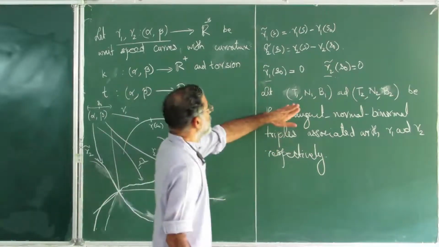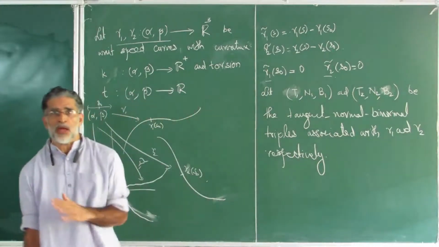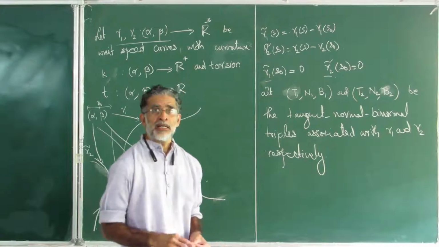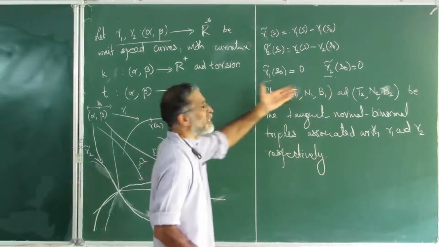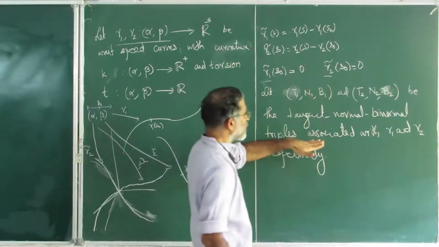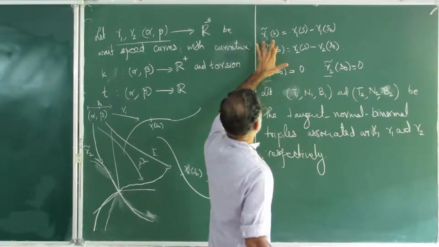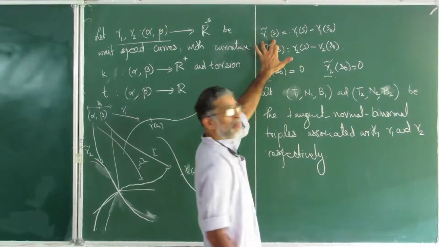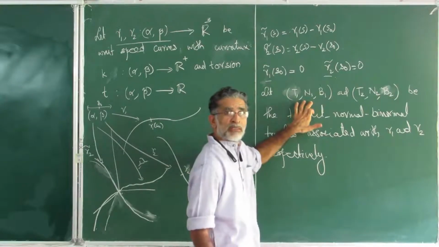Remember, gamma 1 tilde and gamma 2 tilde are obtained by translations of gamma 1 and gamma 2. But translations do not change the tangent, normal, binormal triple. In fact, the derivative itself is going to be the same, so there is nothing more beyond that; everything is the same. Therefore, the tangent, normal, binormal triple of gamma 1 is the same as that of gamma 1 tilde.